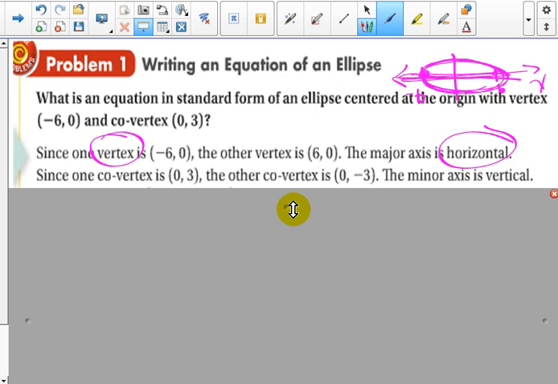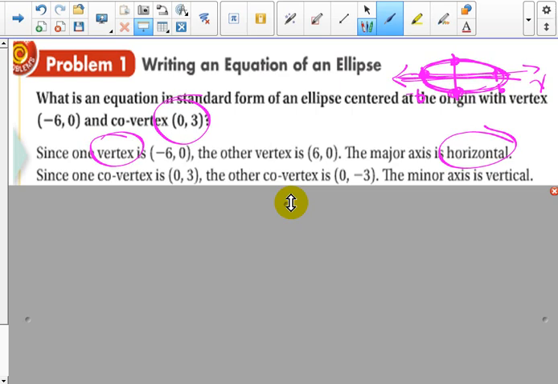So they tell us that our co-vertex is 0, 3. That means that the other one is going to be at 0, -3. So our minor axis is vertical. And I'm sorry, I should have written both of those down first. I thought about it and decided, and then I taught half of it.